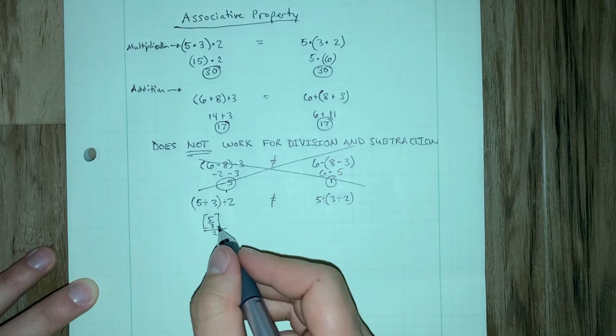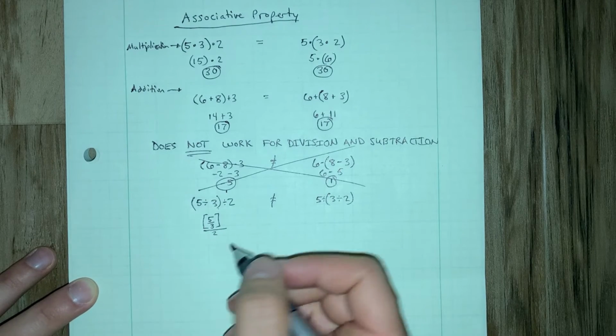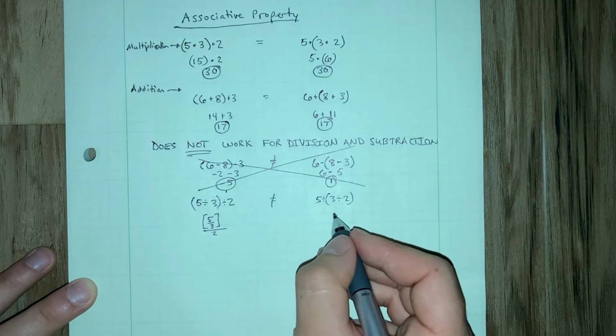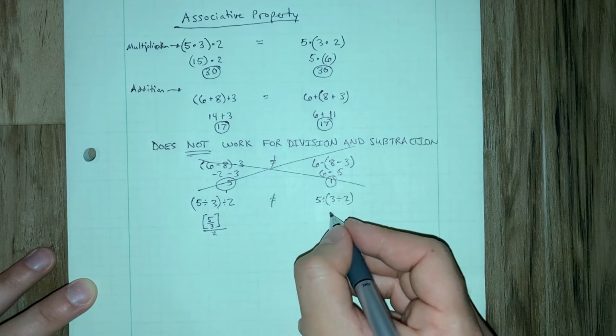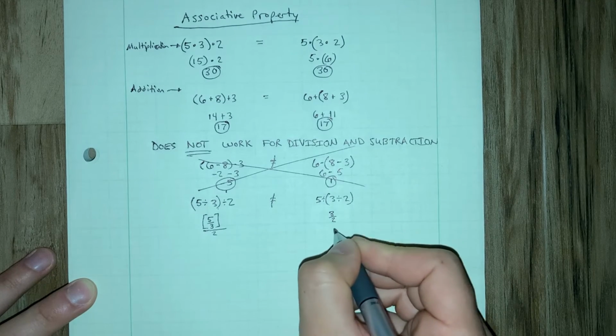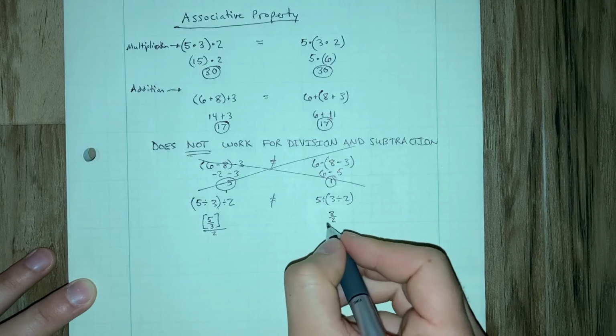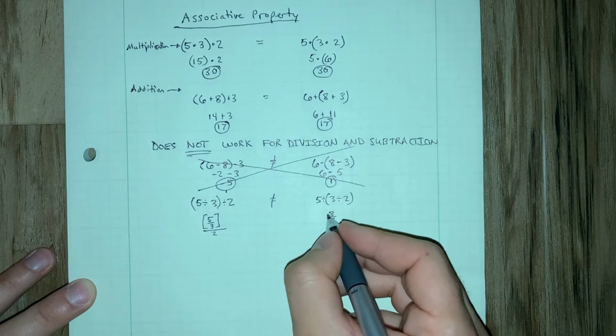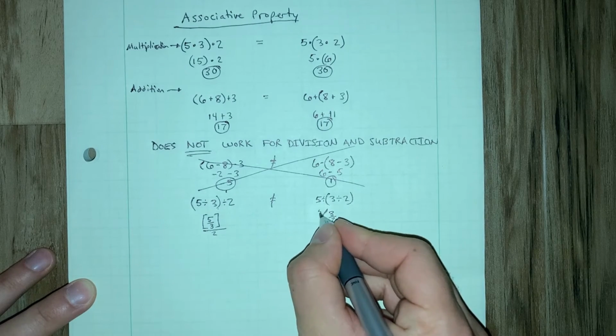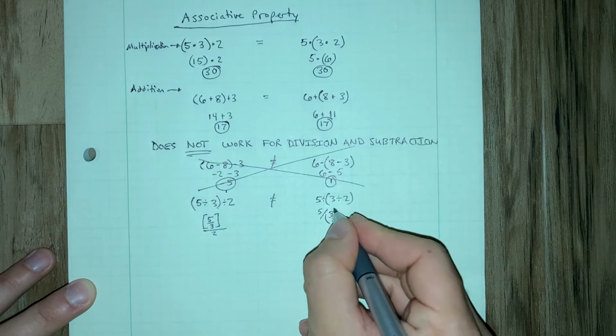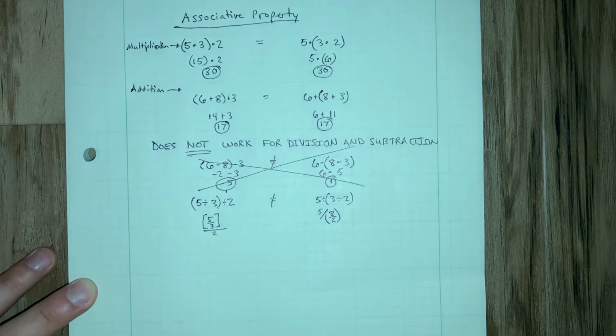Okay, 5 divided by 3 divided by 2. And over here, we have 3 divided by 2. I'm going to write it like this. And we have 5 divided by all of that. So it's like this. It's a little sloppy, so I do apologize.